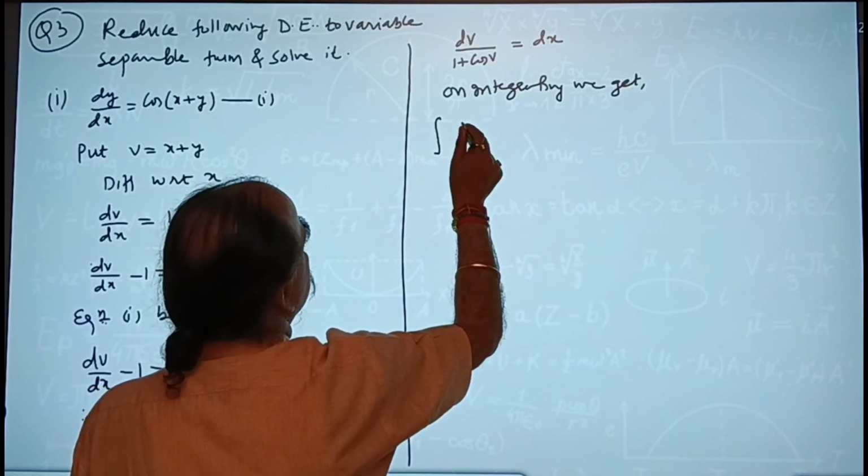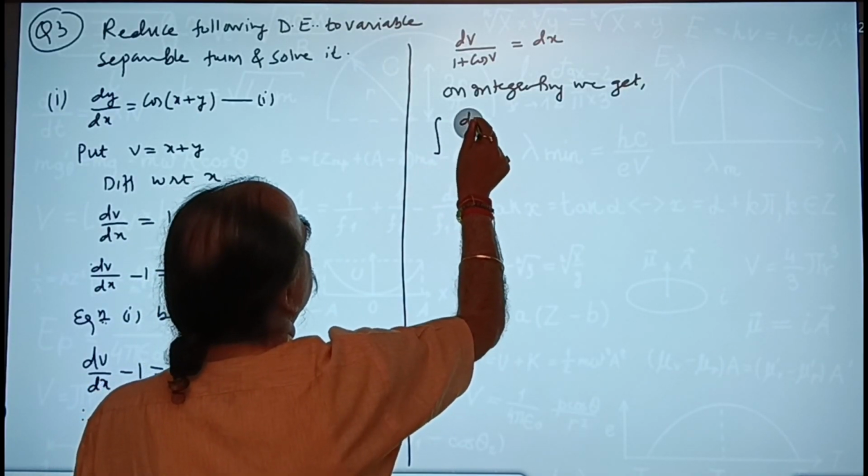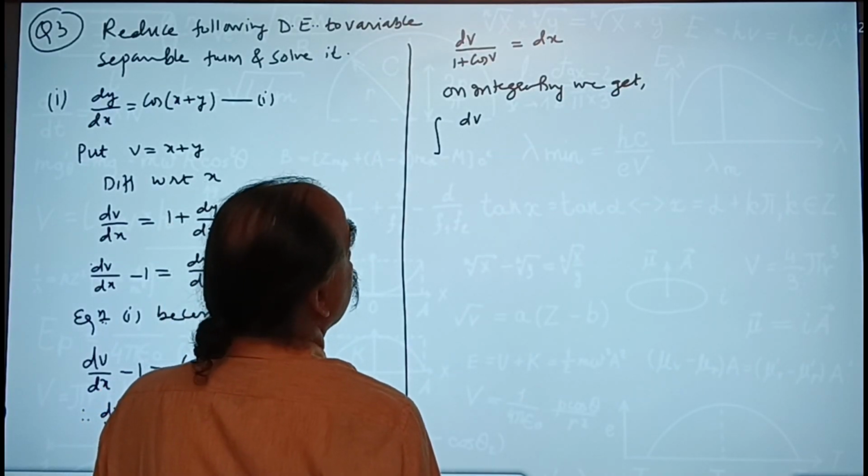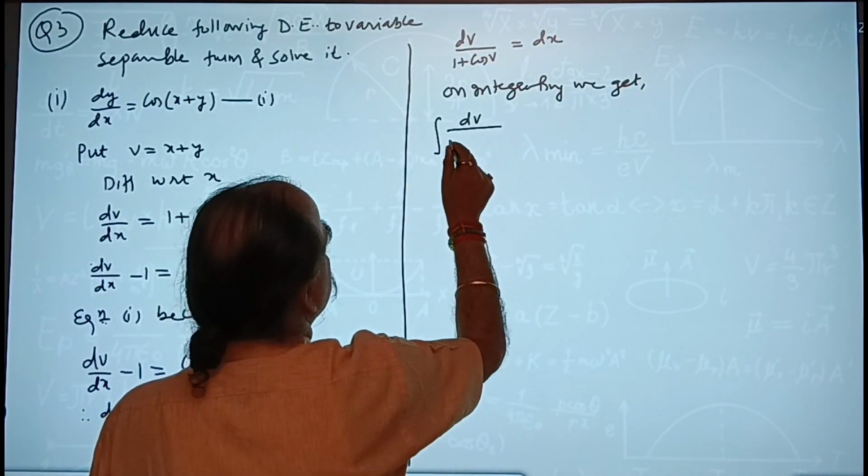Integral dv upon 1 plus cos v, 1 plus cos v is what? 2 cos square v by 2.